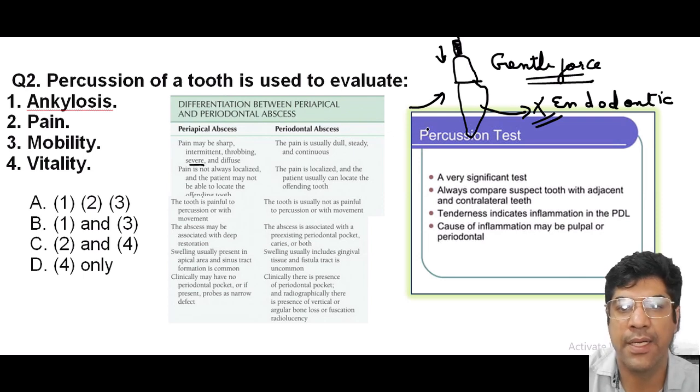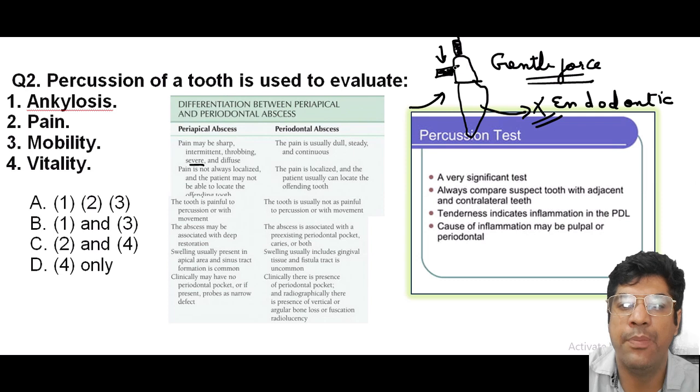So when conducting the percussion test, you have to perform it both vertically as well as horizontally. So vertically along the long axis of tooth as well as horizontally. So we use a dual approach.